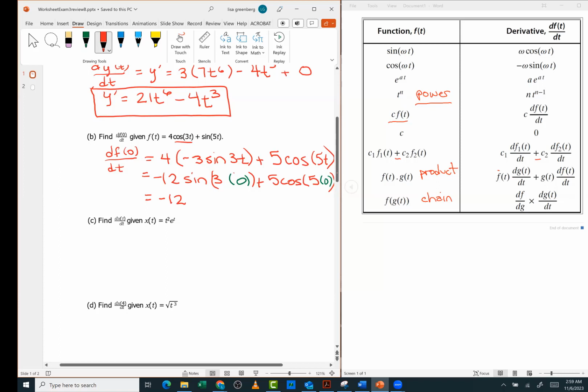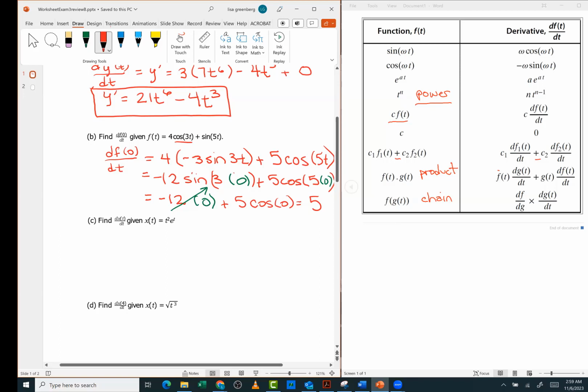What's the sine of 0? The sine of 0 is 0. This is just going to go away. I have plus 5 times the cosine of 0. The cosine of 0 is 1. My answer is 5.